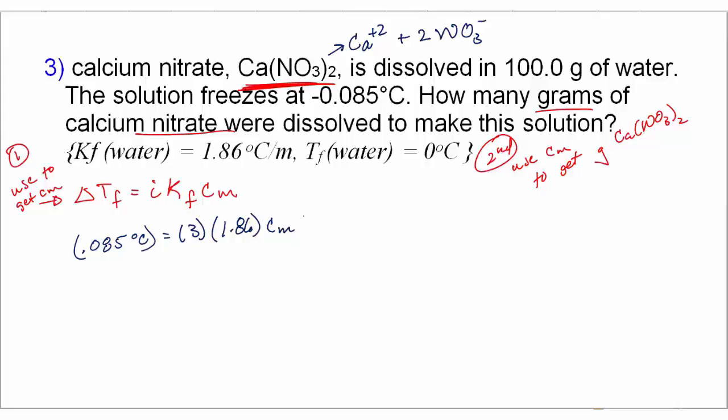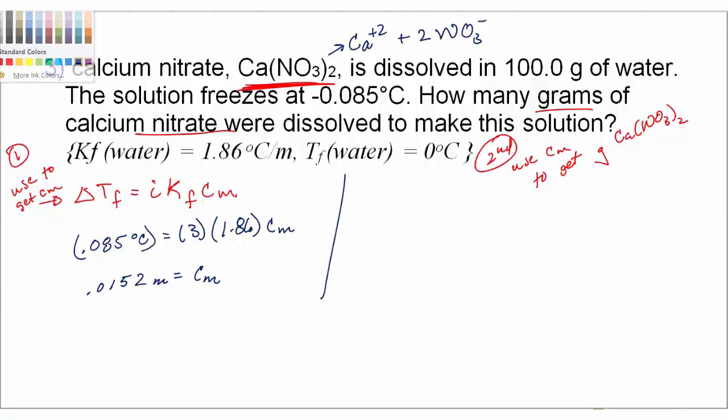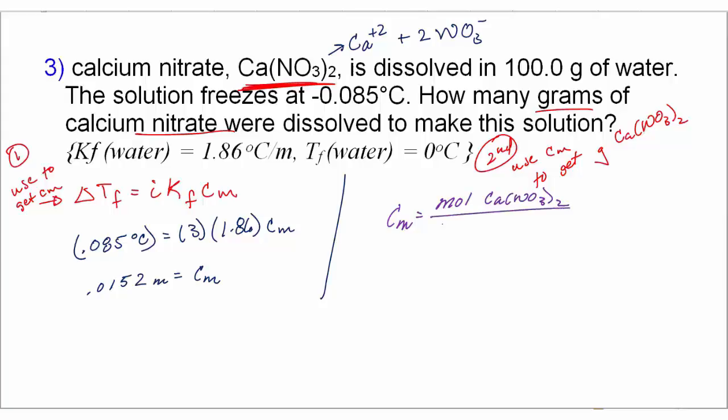0.085 divided by 3 divided by 1.86, get about 0.0152 or so. Okay, so let's plug that in up here. My molality equation: moles of solute, which is calcium nitrate, divided by kilograms of solvent, and the solvent is water.